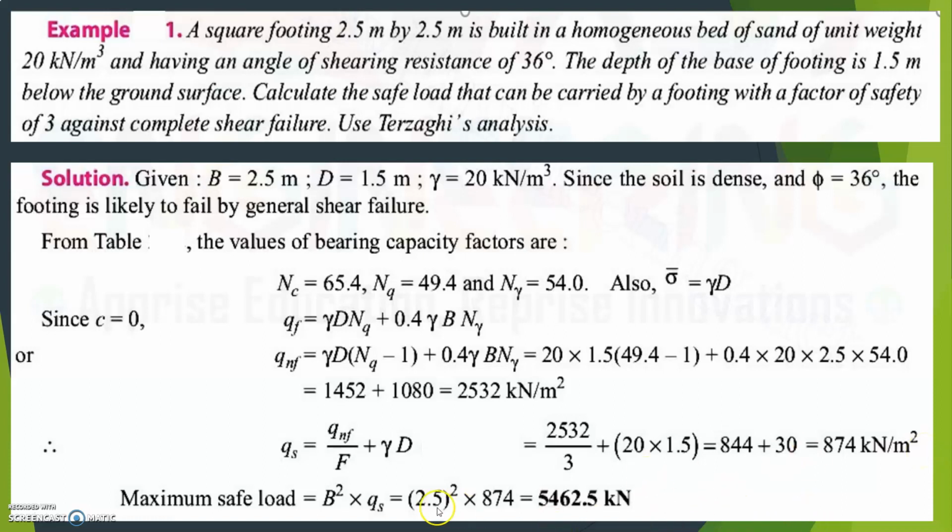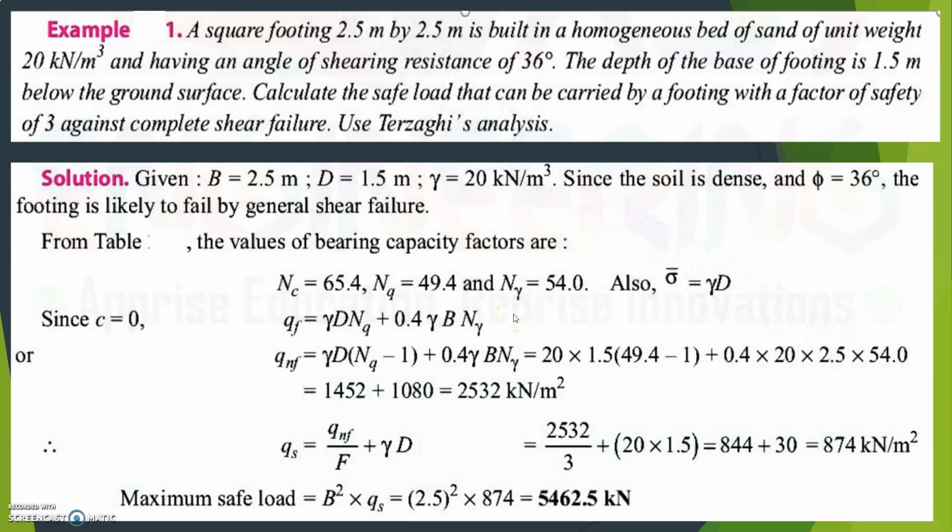So for the safe load, B square means area, as this is a square footing, so area is B into B. So 2.5 into 2.5 into the safe bearing capacity 874, and you will get the safe load. Okay, very simple. The main thing is you should know all these terms.